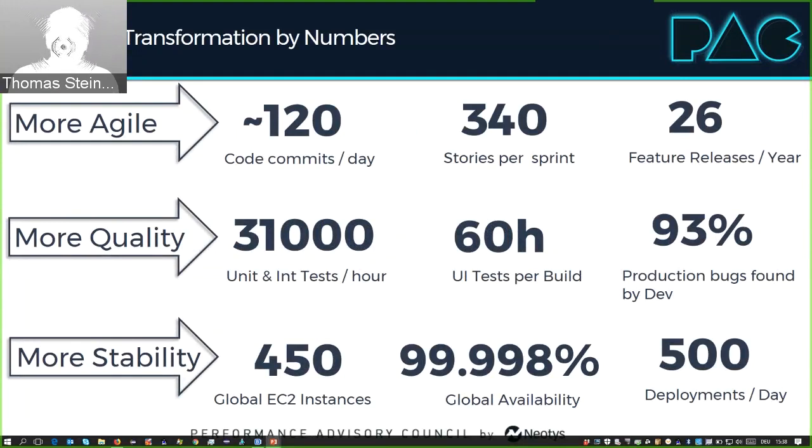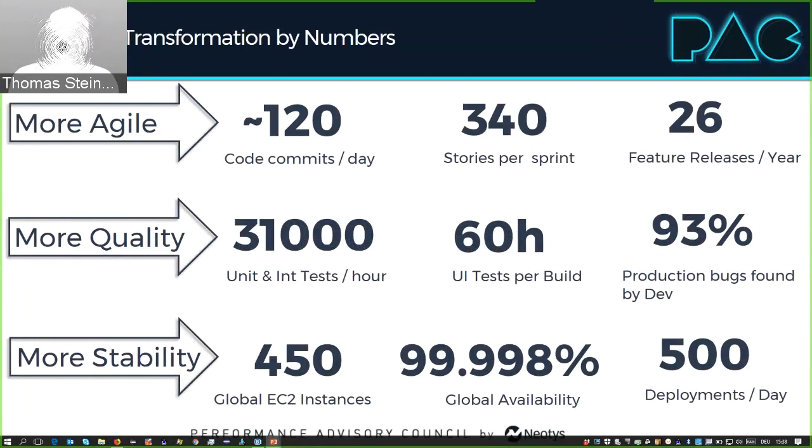So we do find a lot of production bugs. Not in the sense that all are found in production, but really critical bugs which we stop from going out into production by development, by engineering, with our 2 pre-production stages, which I'll show you later on.